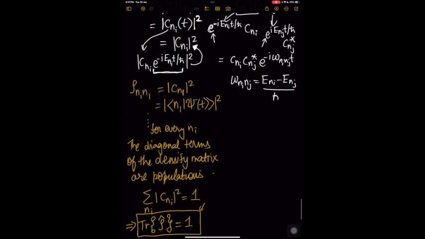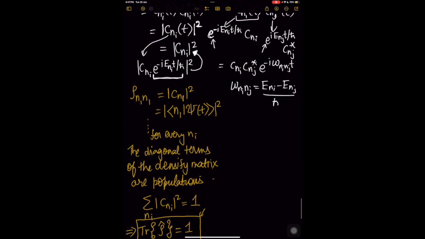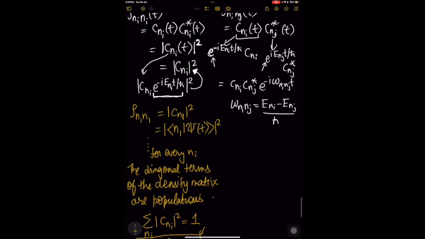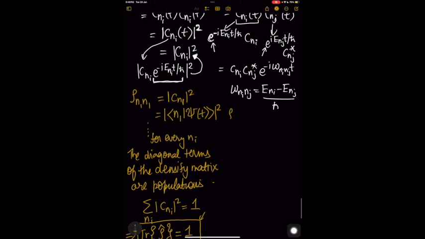Okay, so now let us discuss the properties of the off-diagonal density matrix terms. So let's just consider the general off-diagonal element which we have, which I will just jot down from above. Rho ni nj is c ni c nj star e raised to power minus i omega ni nj t.